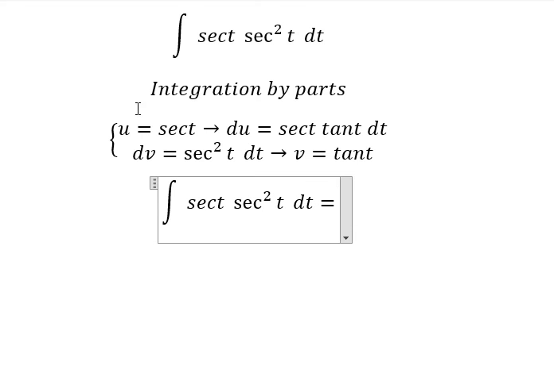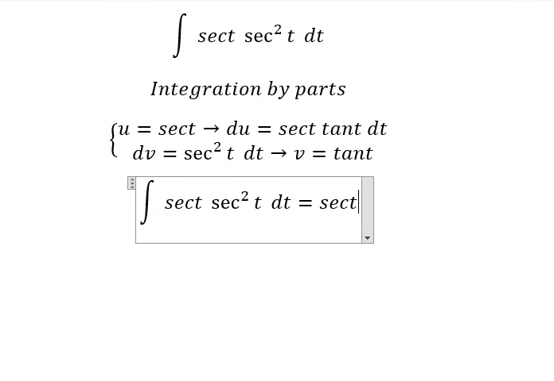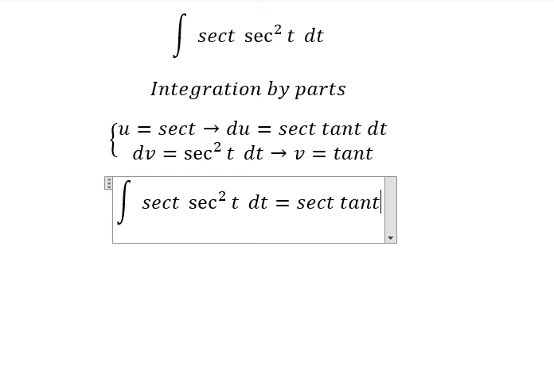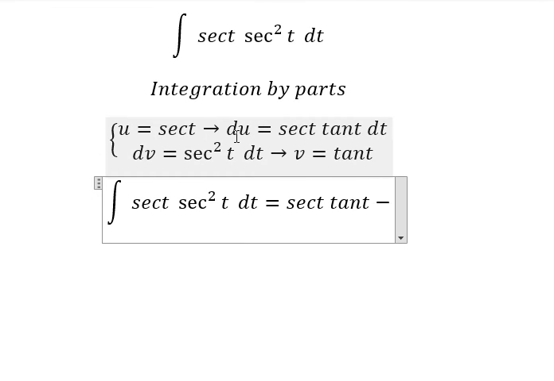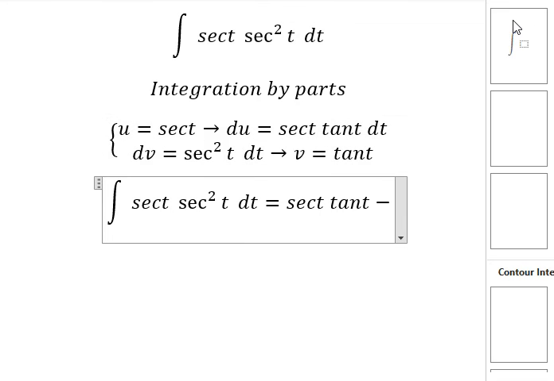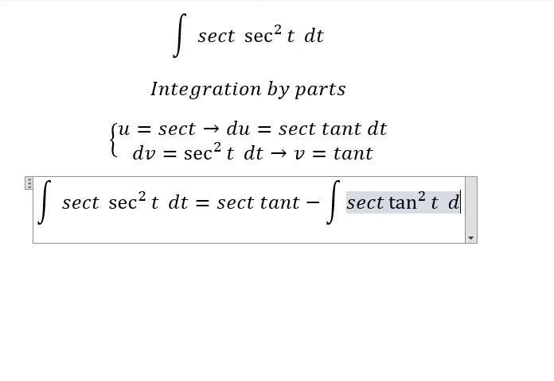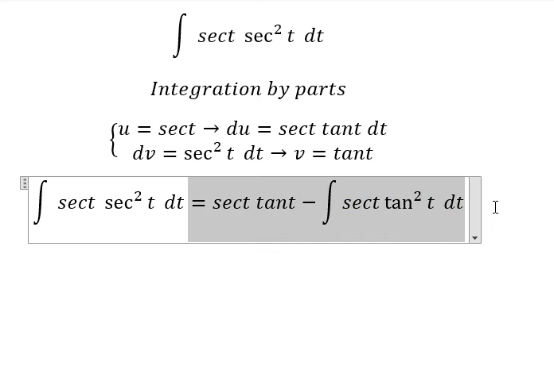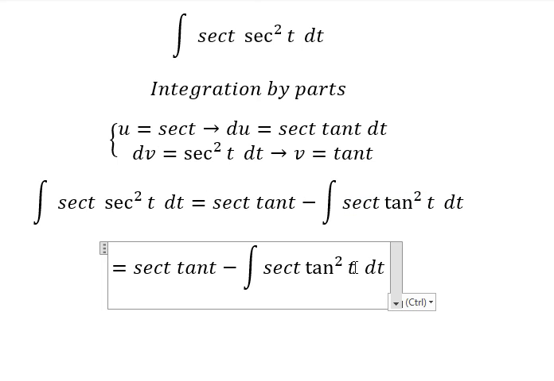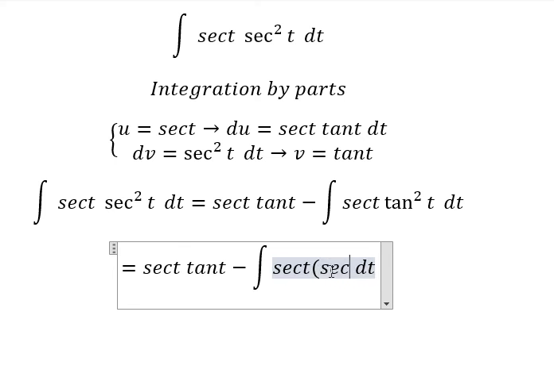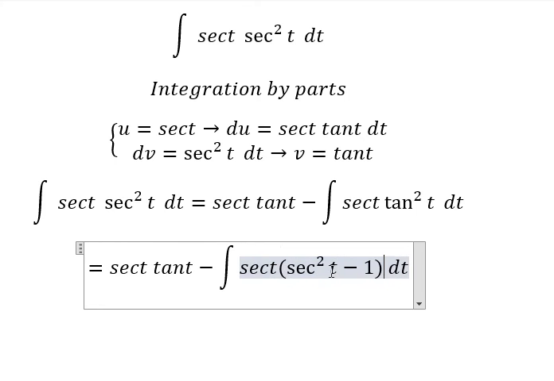So we have u multiplied by v. So we have secant of t tan t minus du multiplied by v. So we have the integration of secant of t tan t square dt. Next, this one we change to secant of t square minus 1.